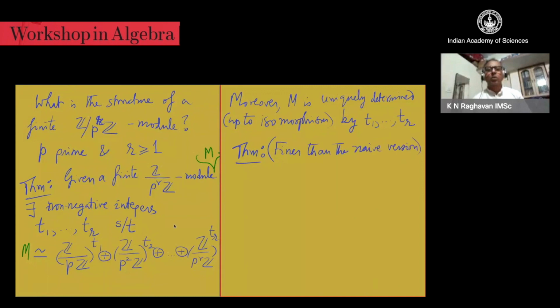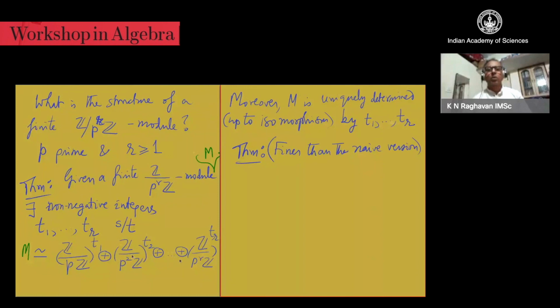So the primary decomposition theorem tells us that M is a direct sum of finite direct sums of modules over rings of this kind. And this theorem tells us that modules of this kind are a direct sum of prime power cyclic groups.